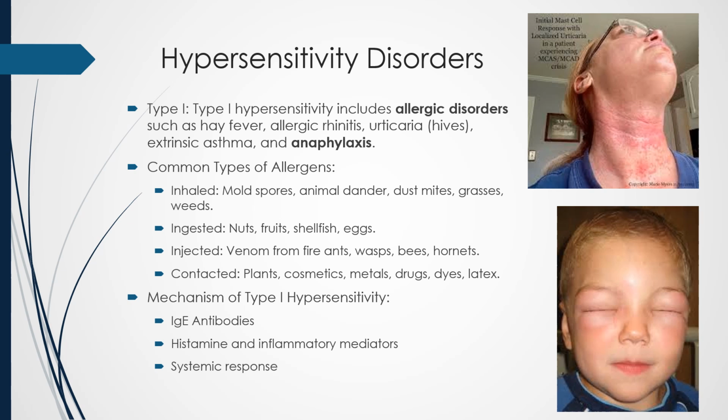These mediators enhance and prolong the allergic response initiated by histamine. If the response becomes systemic, widespread histamine release can cause vasodilation, bronchospasm, increased mucus secretion, and edema. This condition is known as anaphylaxis, which is a life-threatening emergency.